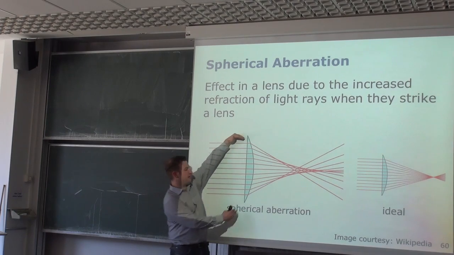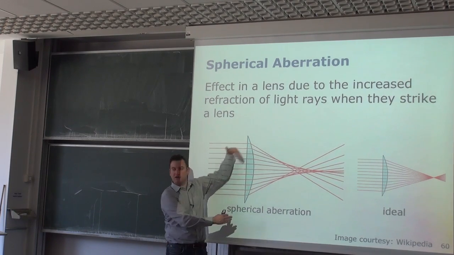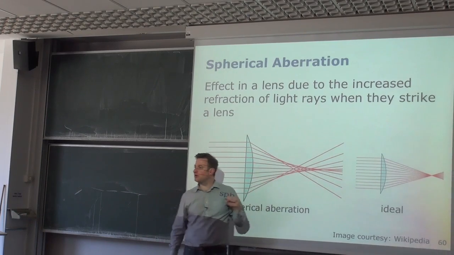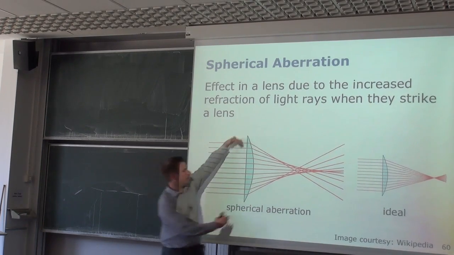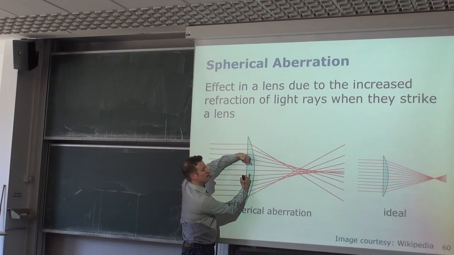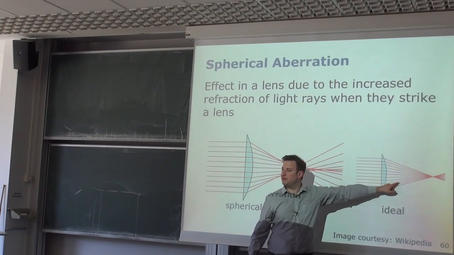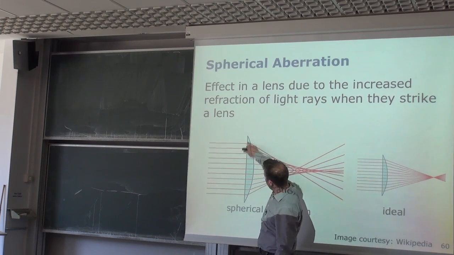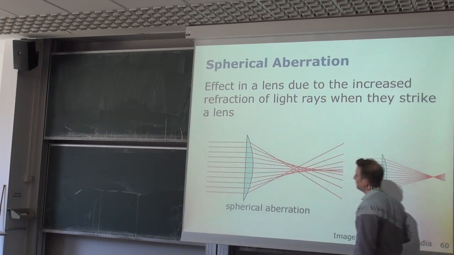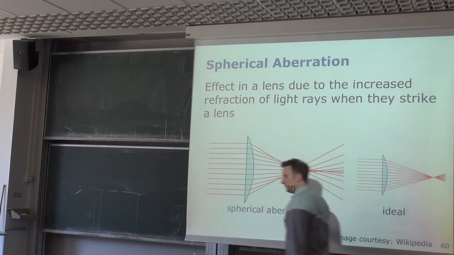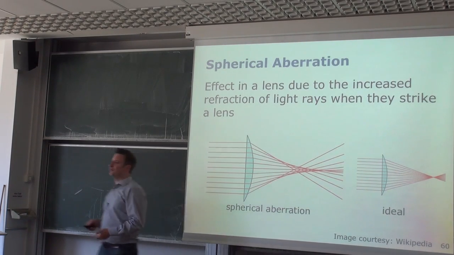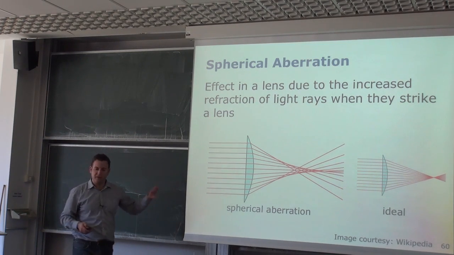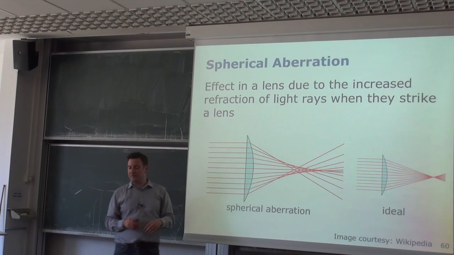As a result, if I close the aperture, which basically filters away beams, this effect gets smaller. So the closer I am to the optical axis, the more I am in this ideal situation, because the further I'm away from the optical axis, the larger this effect gets. But these are all small errors we see in typical lenses, especially standard consumer lenses that you buy. You have different types of these corrections.